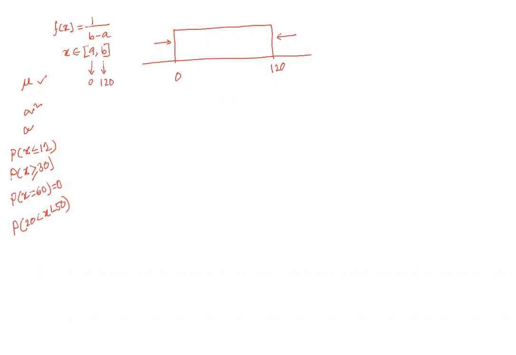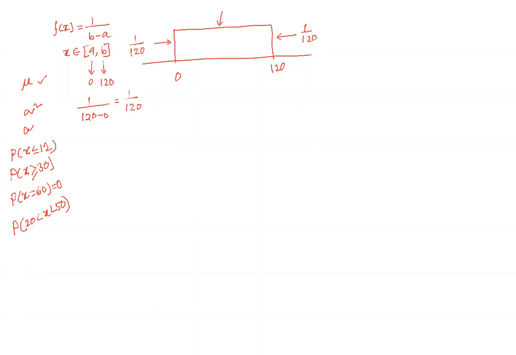So this is going to be 1 over 120 minus 0, which is just 1 over 120. The same, 1 over 120. The height does not change, okay? So this is a horizontal line, so that means the y value does not change.